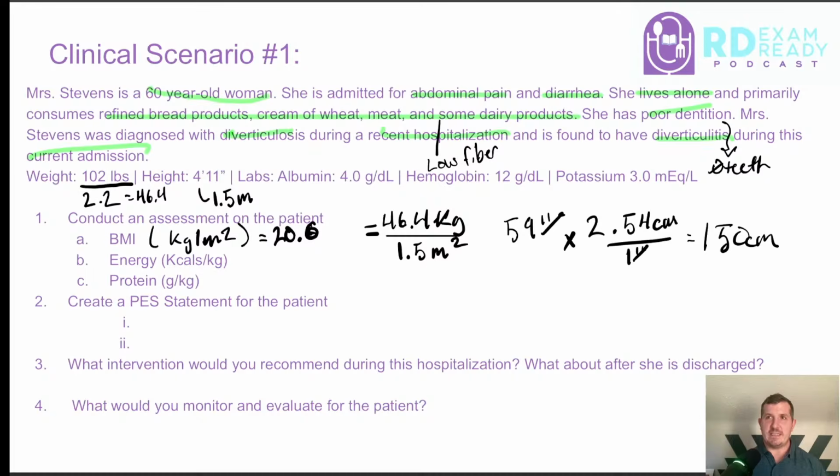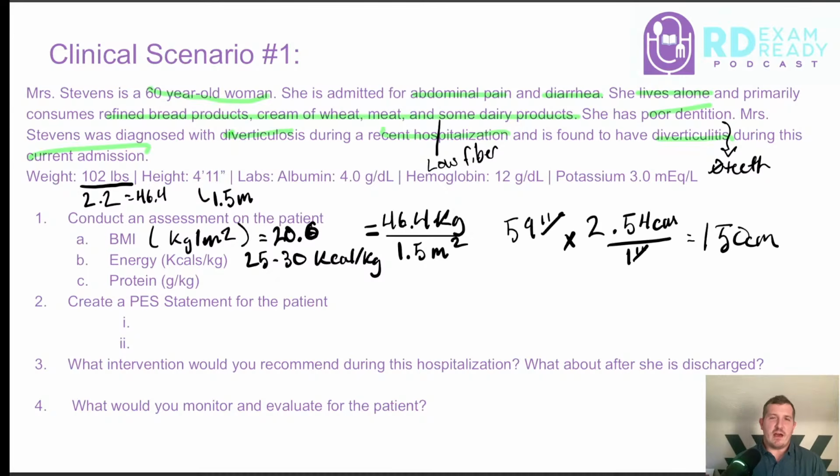But is she septic? Is she having trauma? Is she having wounds? Not really, not like external non-healing wounds. I would probably put her in the 25 to 30 kcals per kilogram. That would probably be my go-to for her.